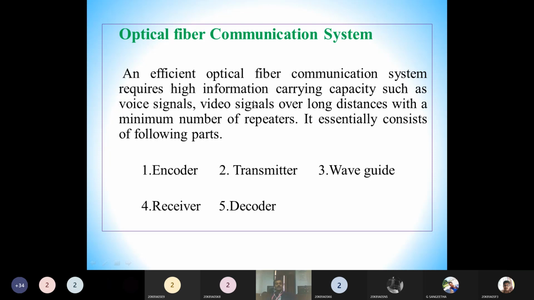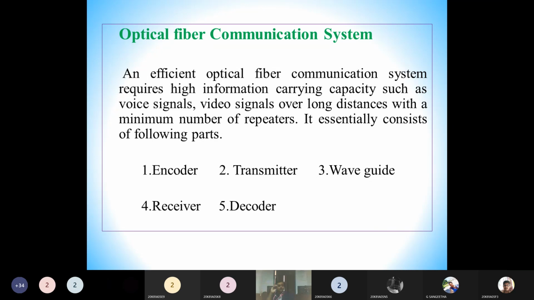First of all, these signals we have to convert into optical signals, because in optical fibers only optical signals are transmitted.